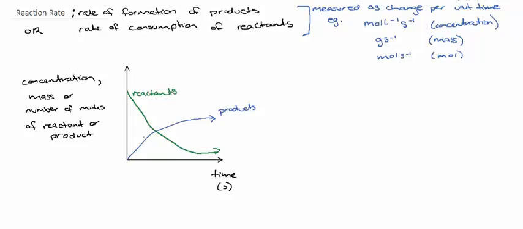And by looking at the slope of the graph, however we've measured it, so concentration, mass or number of moles versus time, we can see something about the rate. So basically, the steeper the slope, the faster the rate.